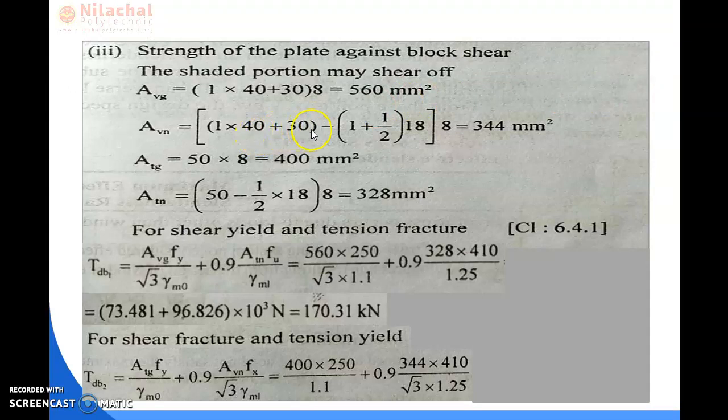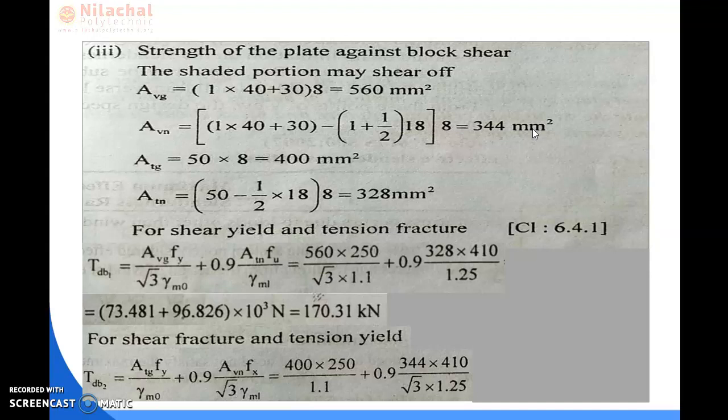So here 70, which is the width of the plate along the V line, minus the number of bolt holes along the V line, which is 1 plus half, multiplied by the bolt hole diameter, which is 18 mm, and the total multiplied by the thickness of the plate section along the V line, which is 8 mm. So by calculating all these things, we will get 344 mm square. So your AVN value is 344 mm square.